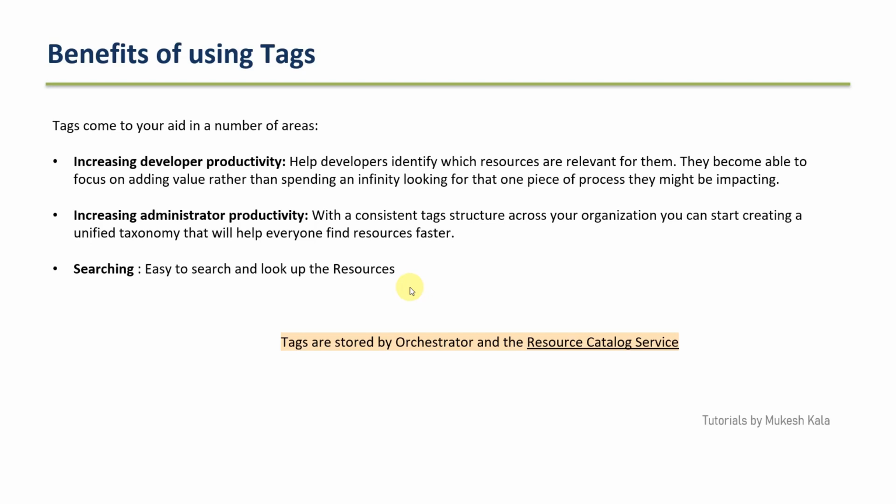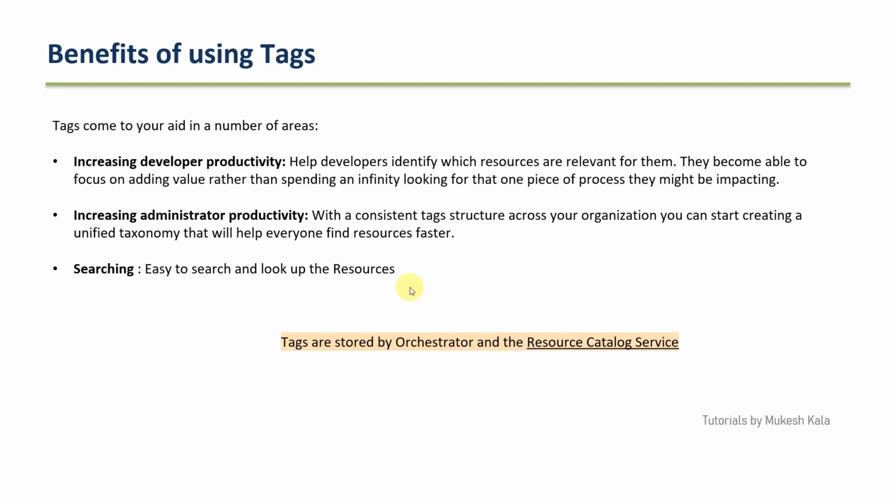If you are someone who is managing the orchestrator as an admin, we are also saying that it increases the administrator productivity. With a consistent and proper tag structure in your organization, you can start creating a unified taxonomy and you can enforce that on all the resources and all the developers, and I would say all the users, right?